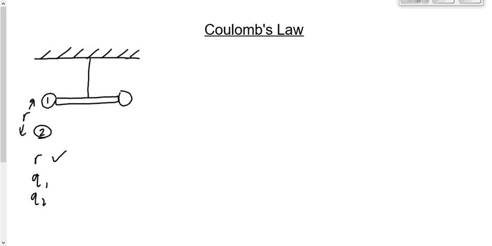If he has a charge of Q, whatever the number is, and he touches it against something that's neutral, then it becomes a half Q. And then if he touches a half Q against something that's neutral, it becomes a quarter Q. And then if he touches that against something neutral, it becomes an eighth Q. And so on and so on.